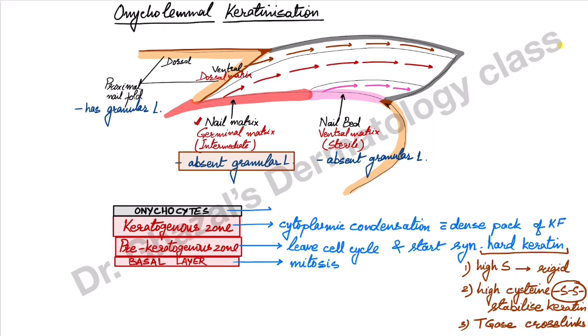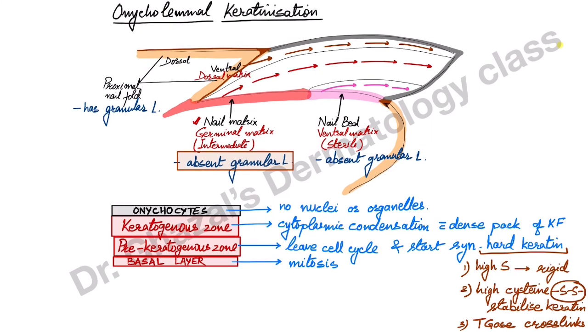Now as the cells move from the keratogenous zone to the nail plate, there is loss of nuclei and loss of organelles. So now the onychocytes are produced which has no nuclei, no organelles. They are dense with cytoplasmic condensation packed with hard keratin.